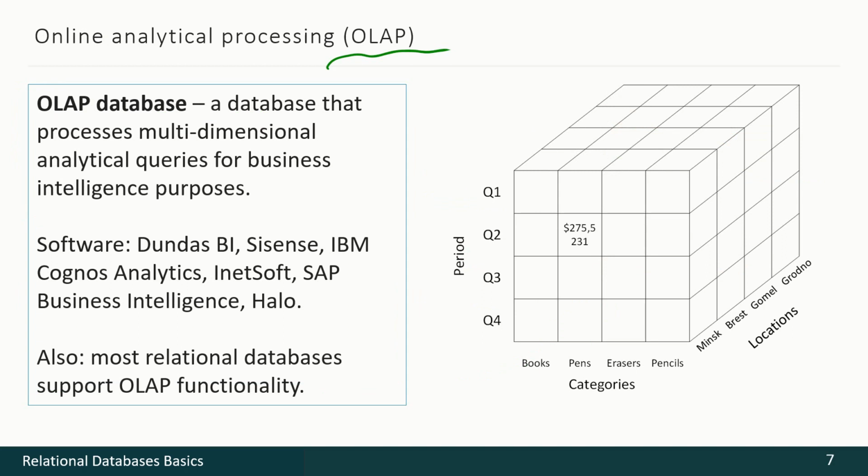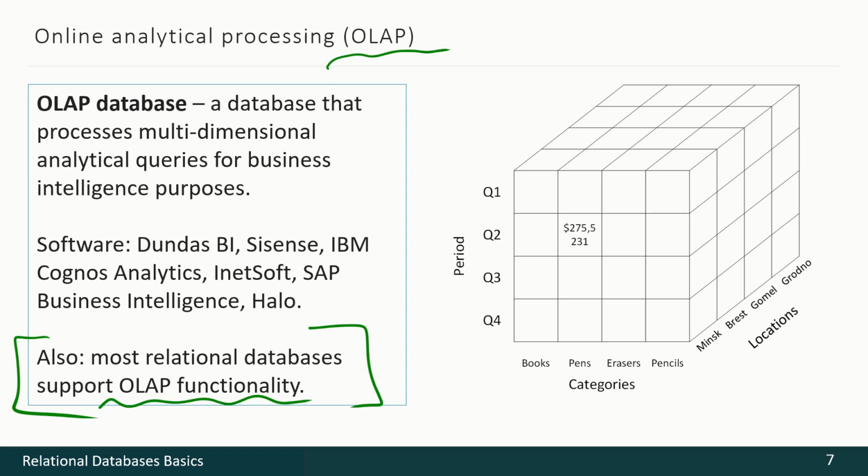The OLAP approach is some kind of relational approach development. As you can see, most relational databases for now provide OLAP functionality. The main idea here is to calculate something based on a set of parameters.